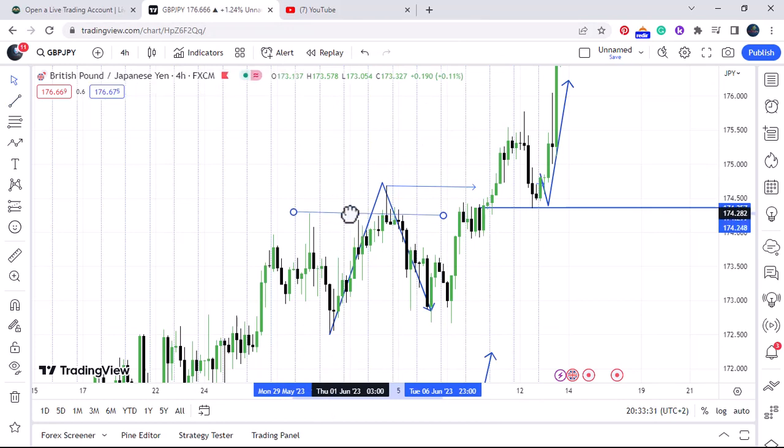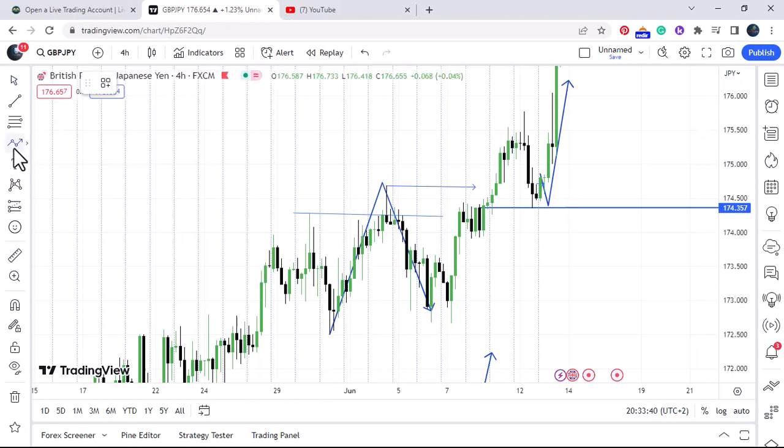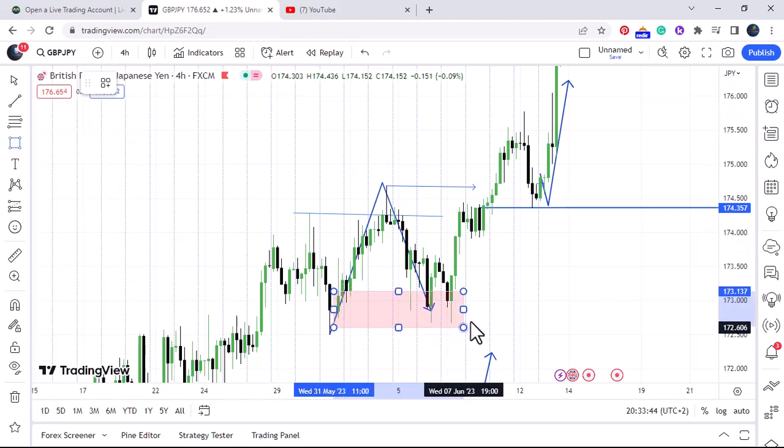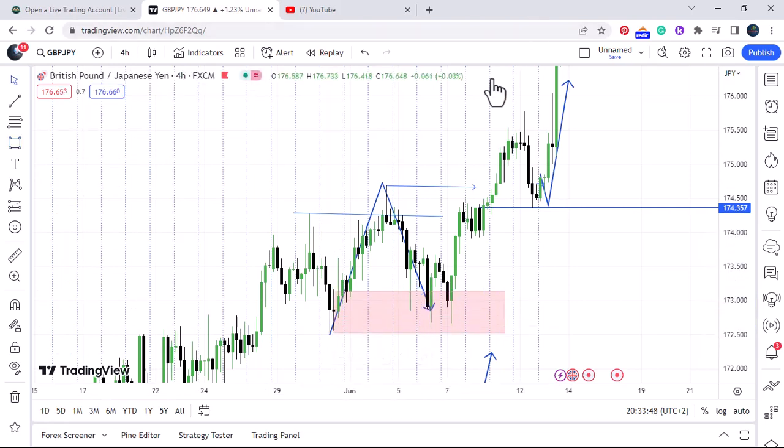So this is a high, price takes out this high, and retraces back to an order block or a demand zone. As you can see from this chart, this is a demand zone, and price retested that, went up and broke this high again.